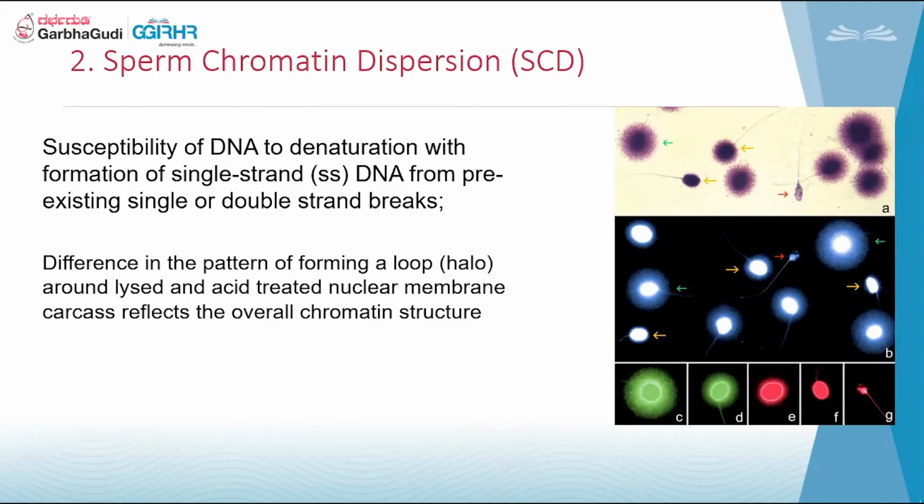You can do it with the same analysis sample. For this particular method, you get agarose gel and mix the raw sample with the agarose, and that is layered on the slide.